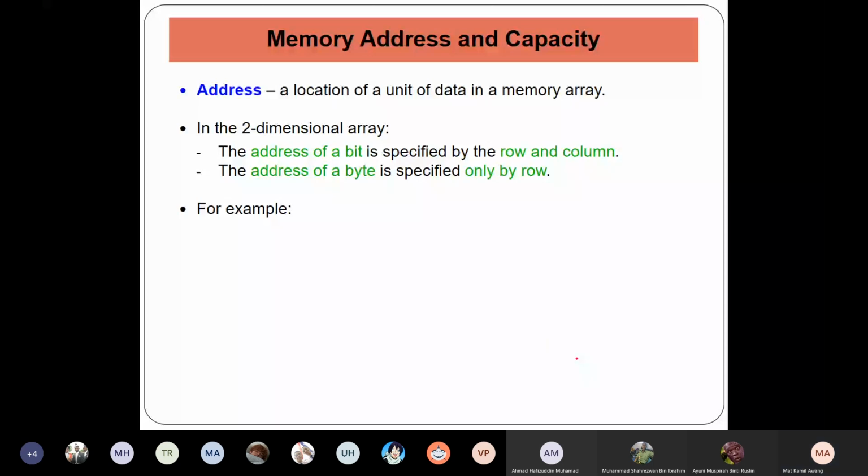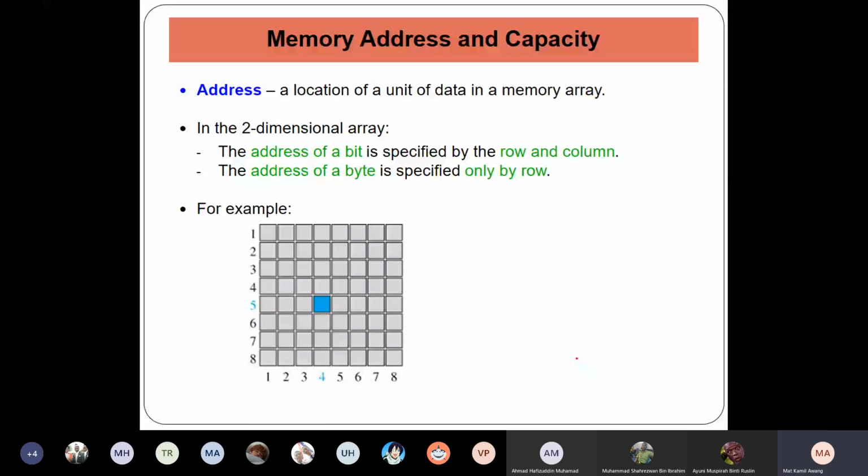Like this. That is actually a bit, which is the blue one. So in order to locate that bit, you have to specify the row and the column. So there's a bit, and you have to give the address. So the address of that blue bit is row 5 and column 4.